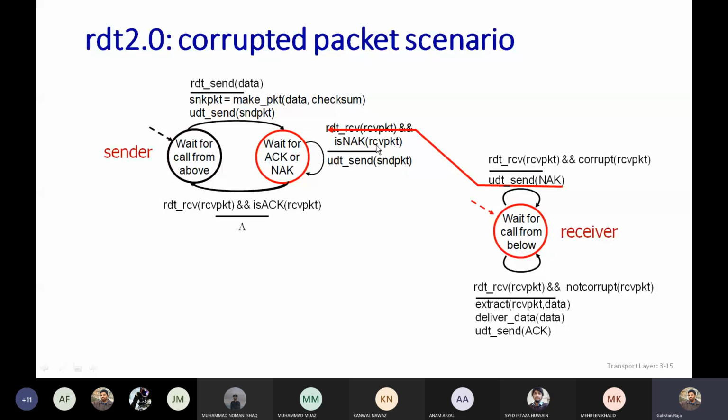The event is receive packet and it is a NAK, so it will again send the packet and remain in the same state. These are the event actions, and it will remain in the same state. Next time, assuming a packet is sent and there is no error, not corrupt, it will move to the next state.